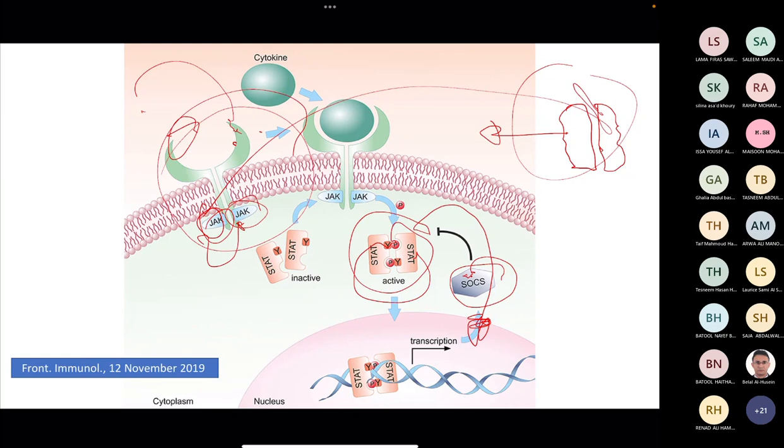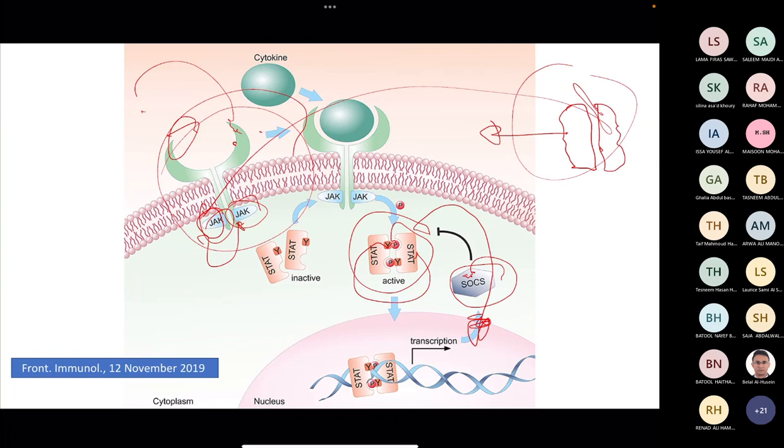Cytokines and hormones overlap in definition, but hormones most likely act over long distances. They travel from the brain and affect the entire body, affecting the liver to produce some components. While cytokines have a short-distance effect, like short-range rockets.